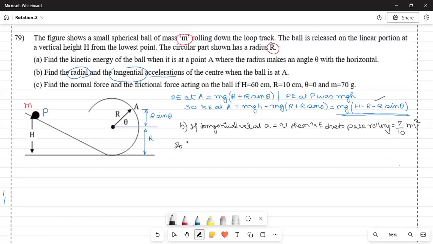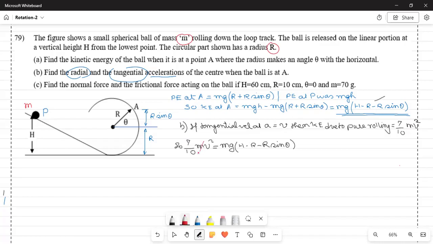So 7 by 10 mv square is equal to mg (h minus r sin theta).